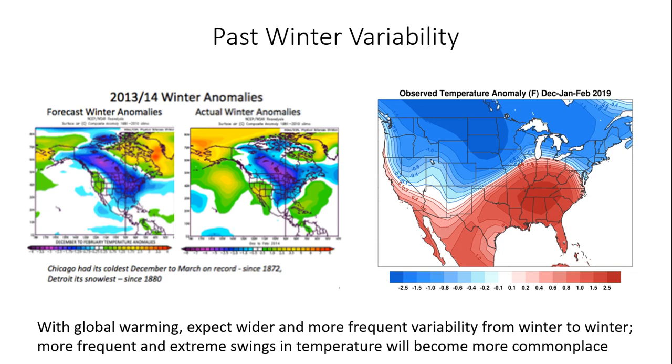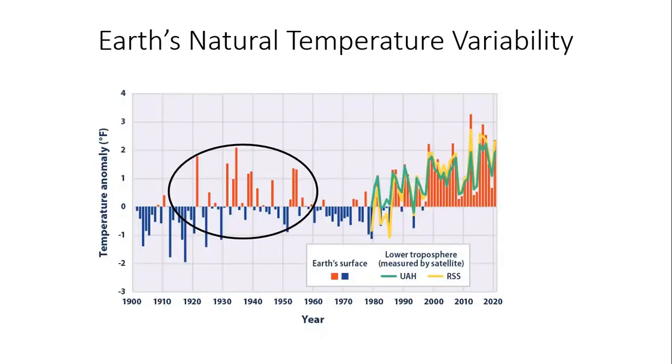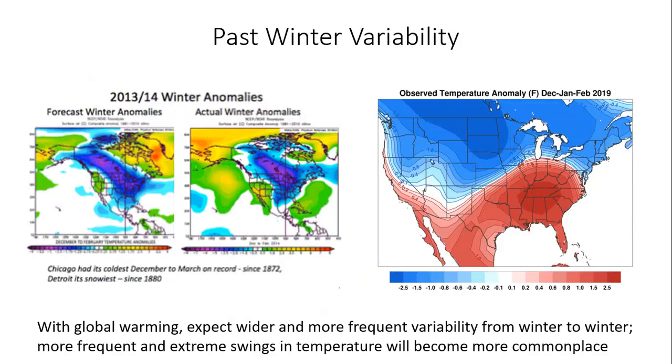So with global warming continuing, with these temperatures of Earth increasing, showing the proof right here, we can expect to see wider and more frequent variability in temperatures and storm activity and precipitation from winter to winter. We'll see more frequent and extreme swings in temperature as we continue to warm the planet.